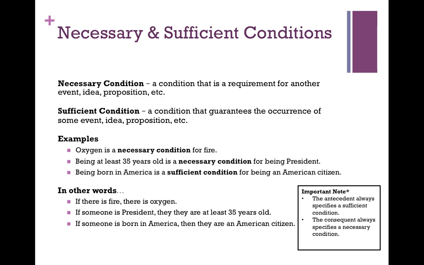So when we look at necessary and sufficient conditions, we can express those in these hypothetical statements. And like I was saying, anytime you have a hypothetical if-then statement, whatever is specified in the antecedent gives you a guarantee that if the antecedent occurs, then the consequent will occur.